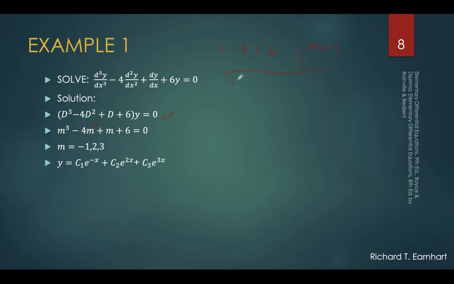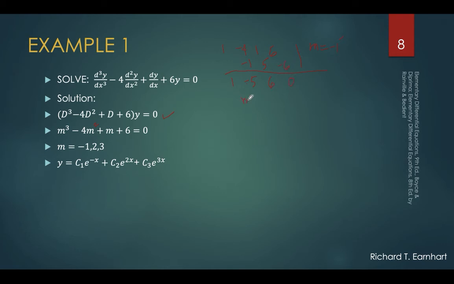So bring down the first coefficient, multiply by negative 1. You get negative 1 here, you get negative 5, that's positive 5. And then 6, negative 6, so you get 0 here.